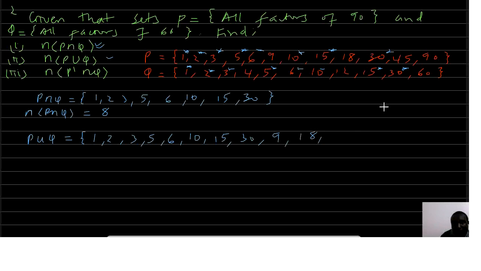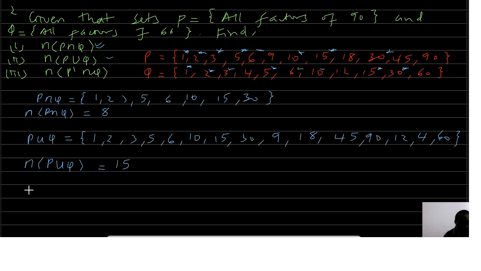Then we do the same for set Q, those without stars, which are 4 and 12. So the elements which are in the union are all of these. And now, ultimately, we can find the number of elements in P union Q. So we count this: 1, 2, 3, 4, 5, 6, 7, 8, 9, 10, 11, 12.